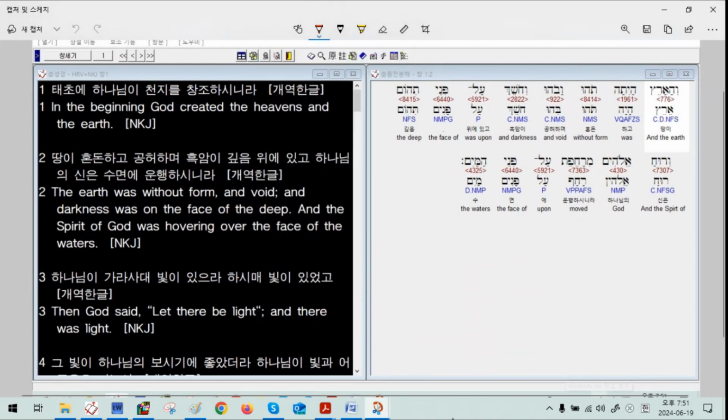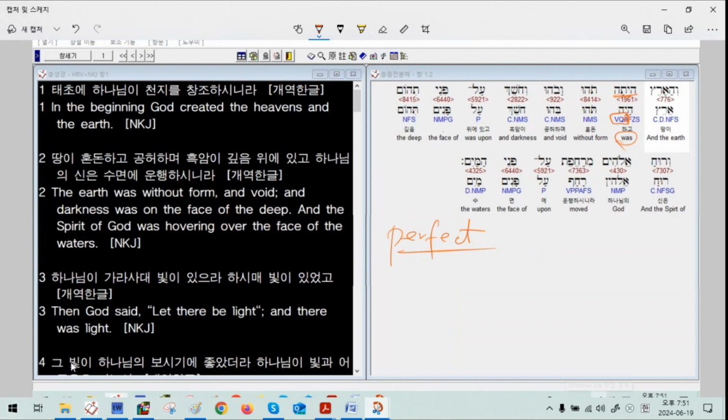If you look at that, the English translation is 'was'. This is hoita, that is the pronunciation. You see here, the parsing code is VQA, and A is the perfect status, right?